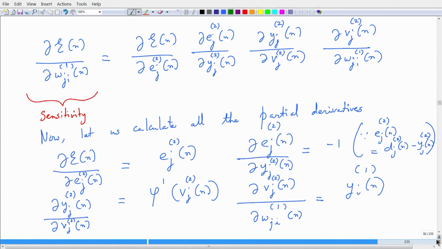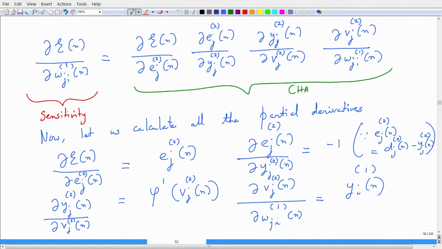Now, when we take the derivative of the error with respect to the synaptic weights, we will have to do the chain rule, and this is what we get when we do the chain rule, sort of pretty straightforward calculus. So, I need the partial derivative of the error energy at time instant n with respect to the synaptic weight Wji at time instant n in layer 1.